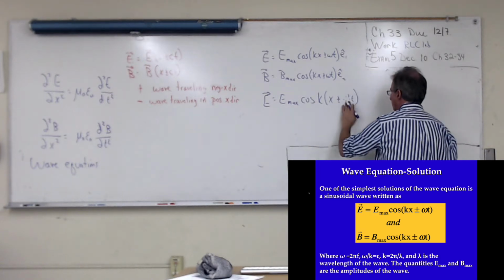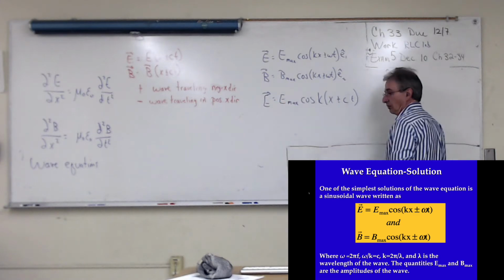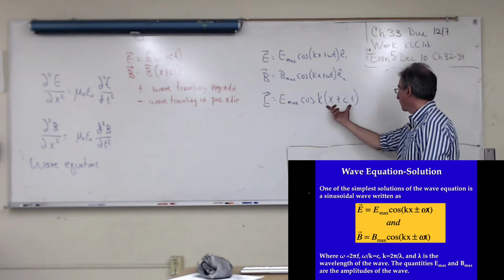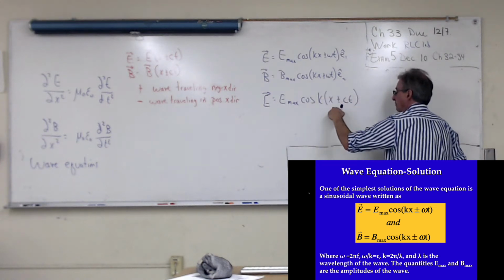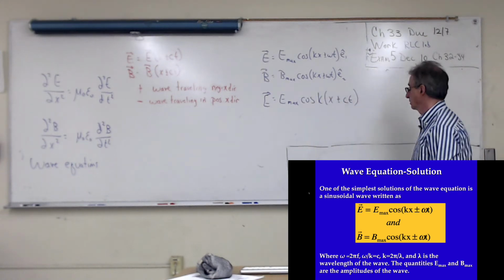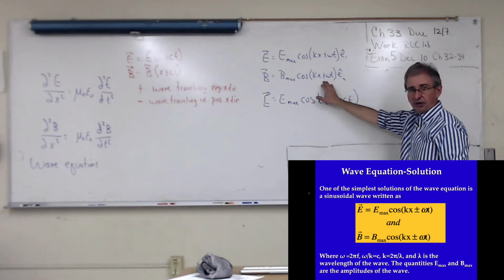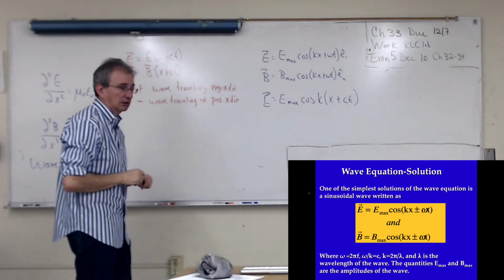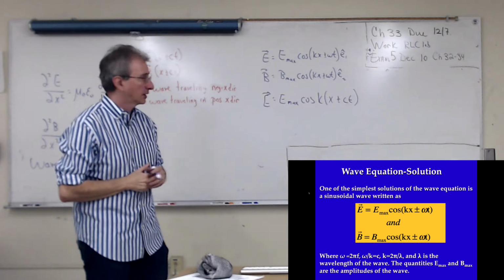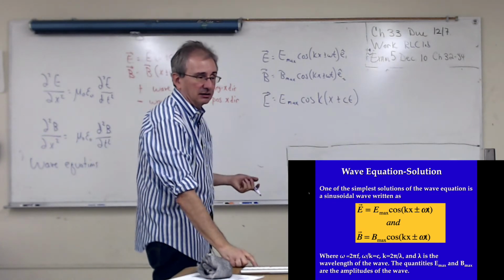Well, it's c. So now I have it like that. And then this still satisfies the equation. So I still wrote it as x plus or minus c times t. This is the same thing as this. It's still valid. And we usually write it in this way out of convenience. Okay? So this form is equivalent to this form. There's just a k missing there. And that extra k doesn't really do much. That's just a constant, isn't it? Yeah.